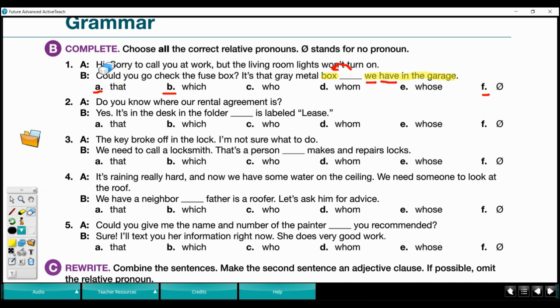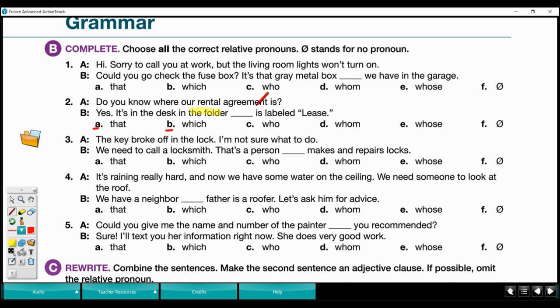Dialogue number two. "Do you know where our rental agreement is?" Person B says, "Yes, it's in the desk, in the folder," and then here we're modifying the folder. Okay, so it's a thing. So with things, you can use that or which.